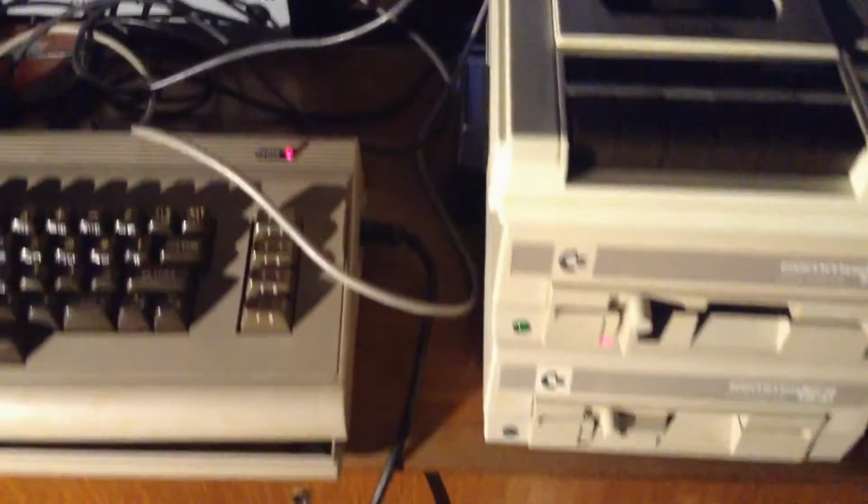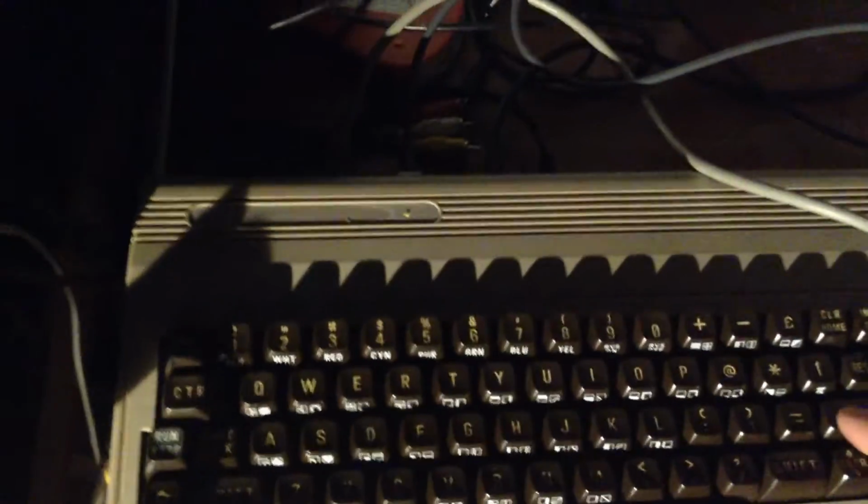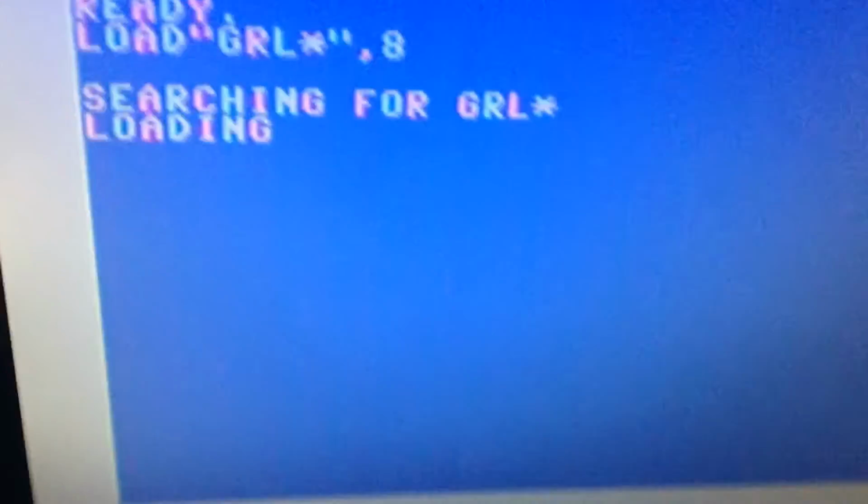Well, let's see how it performs now. The disk drive is on, by the way, and it is effectively pulling on the line. So, let me just load the turbo tape first.